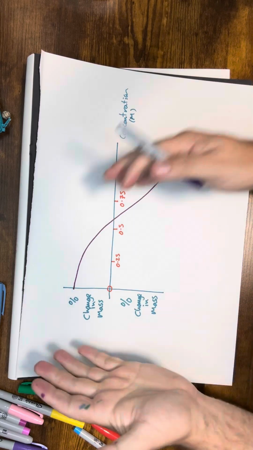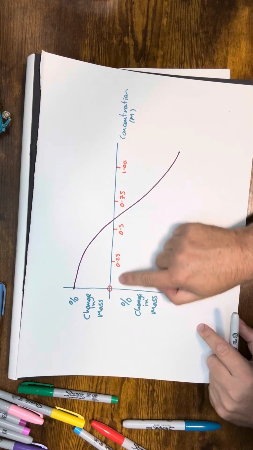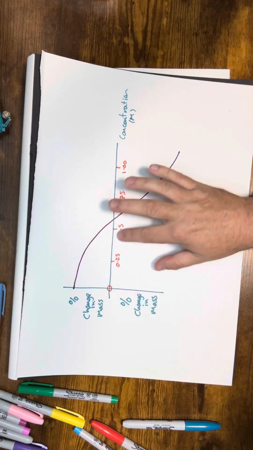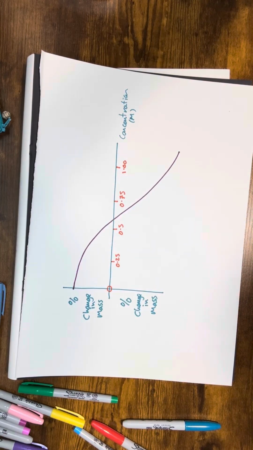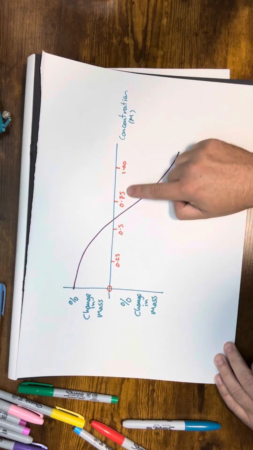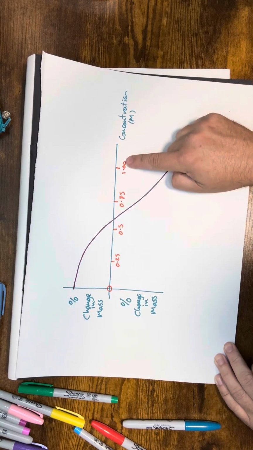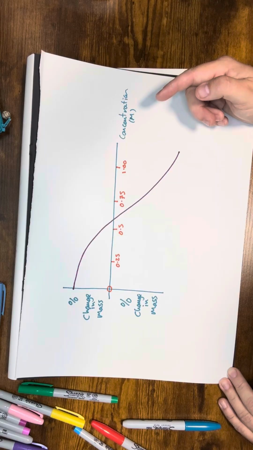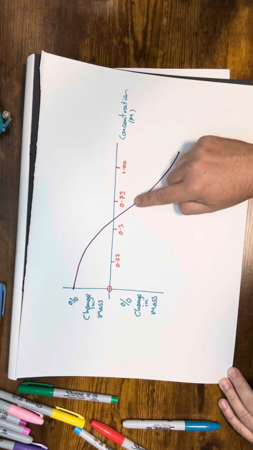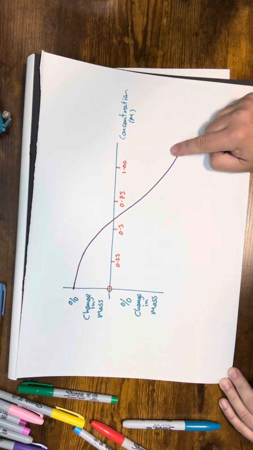Okay, so on this side, with these concentrations, water has entered the cell because the mass has gone up. On this side, with these more concentrated salt solutions, water has left the cell and it has lost mass.